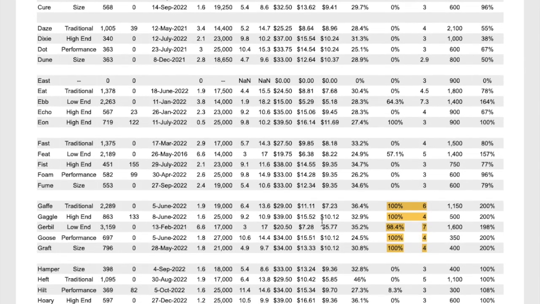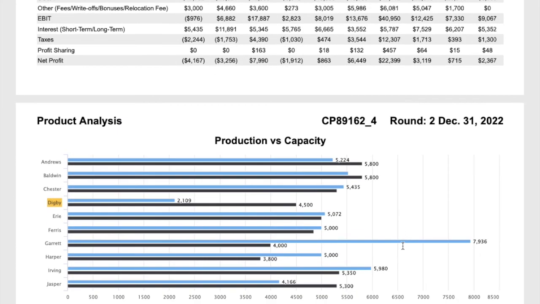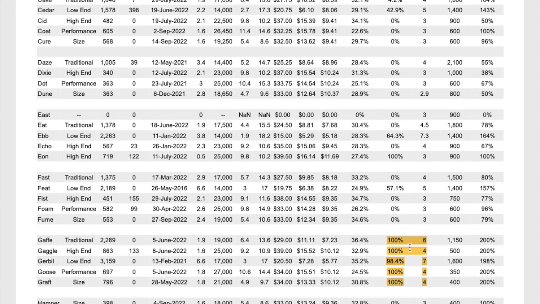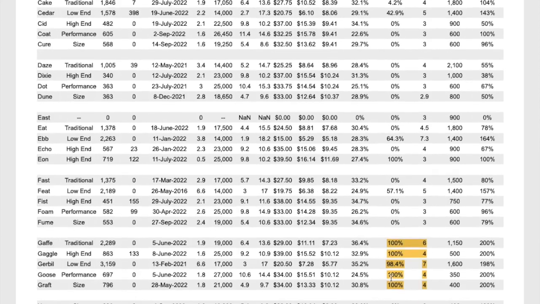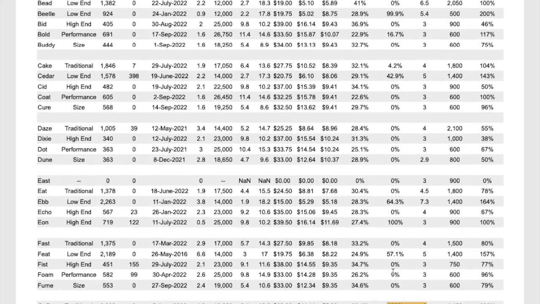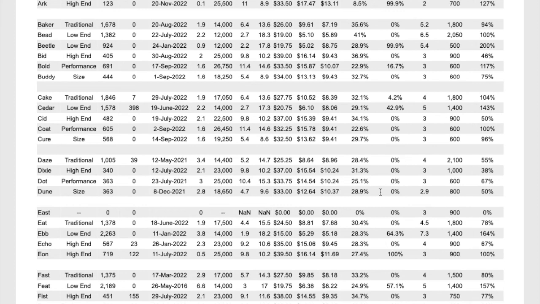So Team Garrett, yeah, you guys have fully utilized the, let's see, this is second shift. The reason why Team Garrett has more production than the capacity is because most of their products are on second shift, and I see most of your teams don't have that.